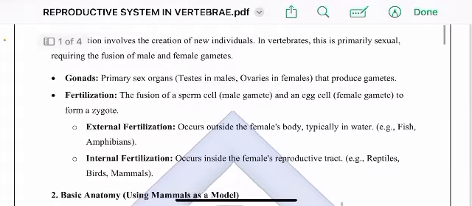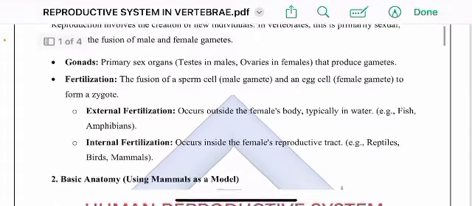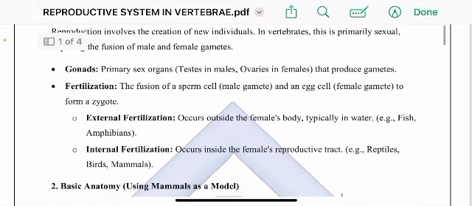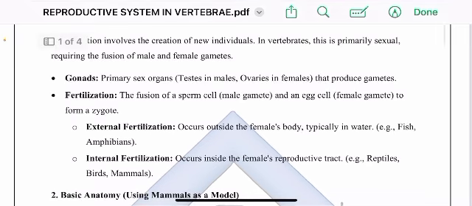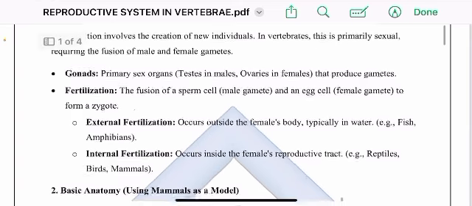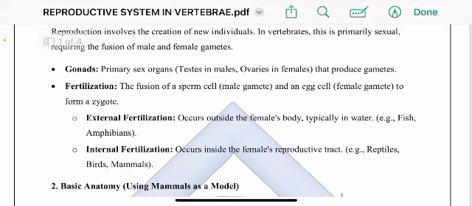Now, there are certain terminologies that you observe in this topic, and you need to take note of them and understand them. When we are talking about the gametes, that's the female and male gametes, we also have to know that there are organs that produce these gametes, and they are generally called gonads.